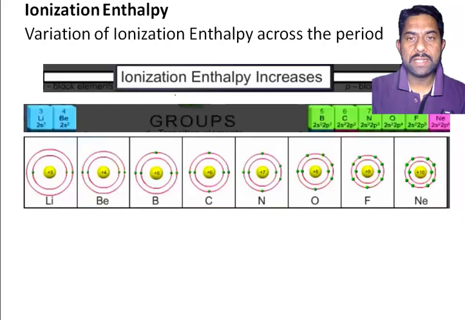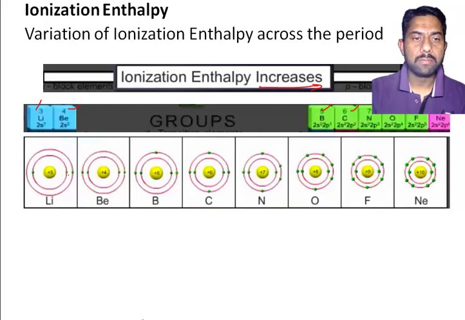As we can see, moving left to right, this is the second period: lithium, beryllium, boron, carbon, nitrogen, oxygen, fluorine and neon. These are second period elements. When we analyzed them for ionization enthalpy, it was found that the ionization enthalpy value goes on increasing across the period.